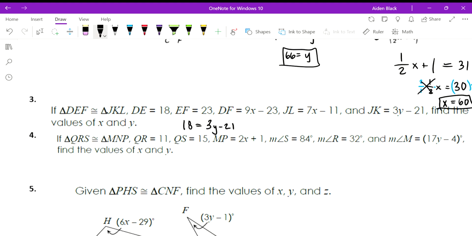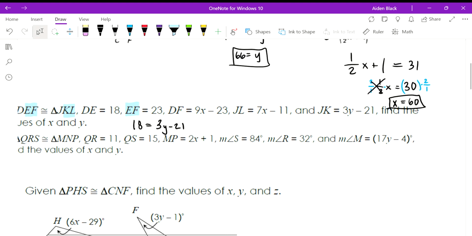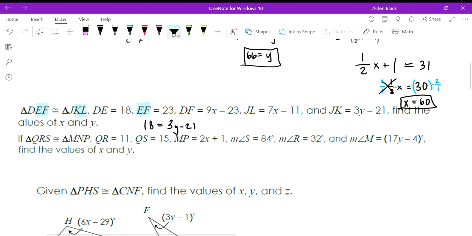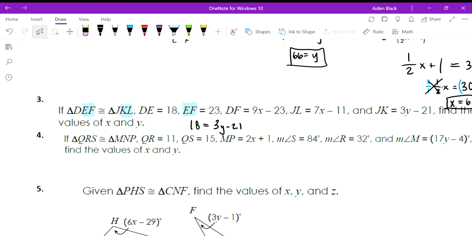Okay, we got those out of the way. Let's see what else. We have EF. EF is 23, and EF is the second and third letter of the triangle. So let's look at the second and the third letter of the second triangle, KL. Do we have KL here? I don't see KL. So I'll leave that to the side for now.